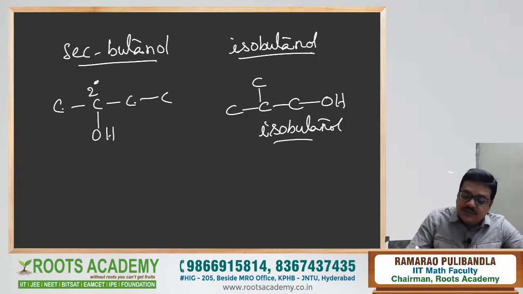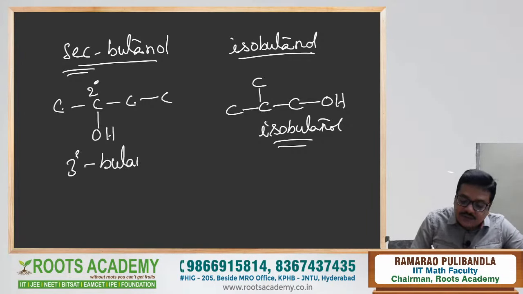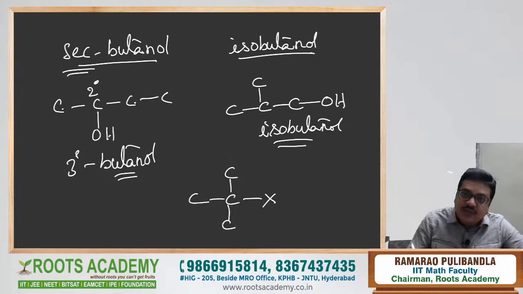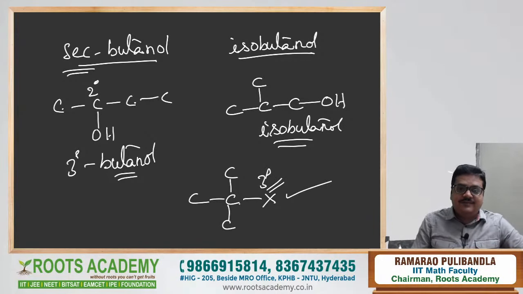Isobutanol, secondary butanol, like that. Tertiary butanol, 3-degree butanol. What is the meaning of 3-degree? If OH or any group, halogen, is attached to a carbon which in turn is attached by three more carbons, it is called tertiary.